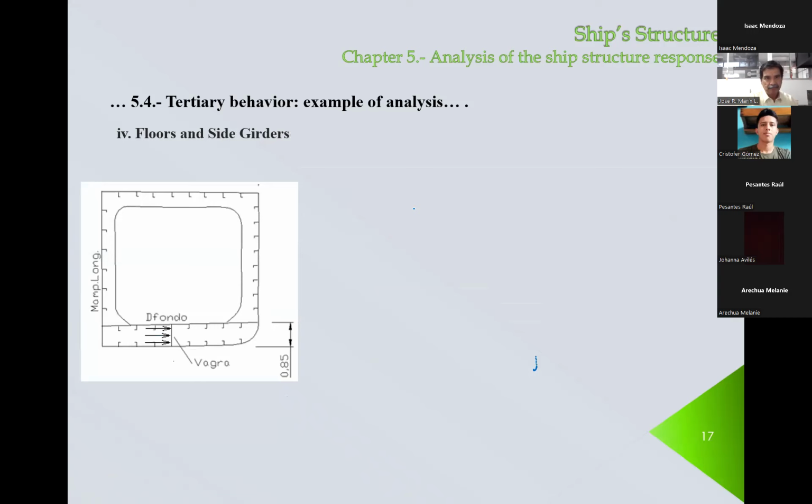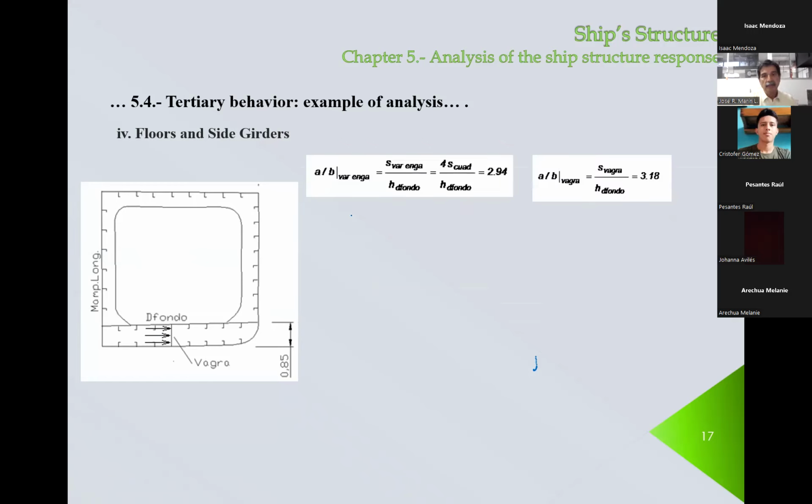But anyway, let's analyze the floors. As I said before, we have these vertical plates limiting the tanks, so they support a pressure, and we have to have enough thickness to support it. So that's what we do here.